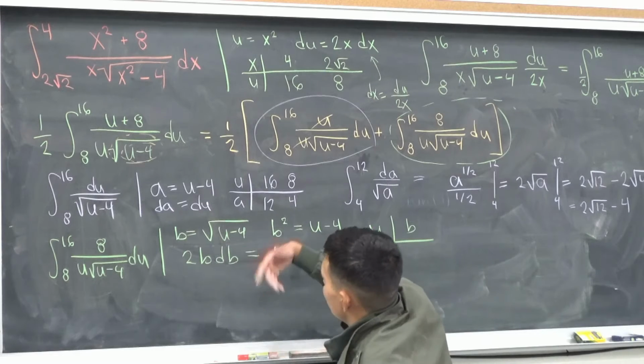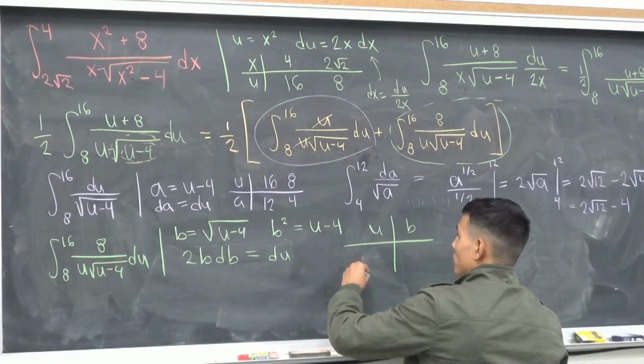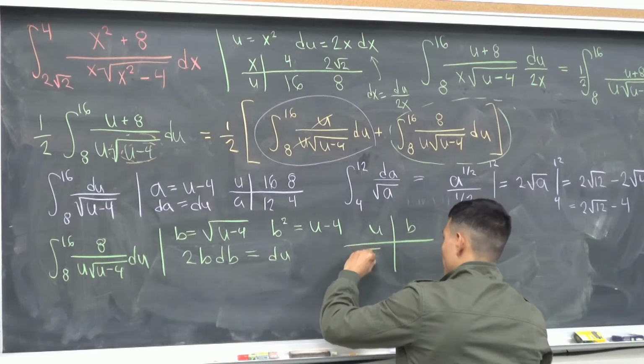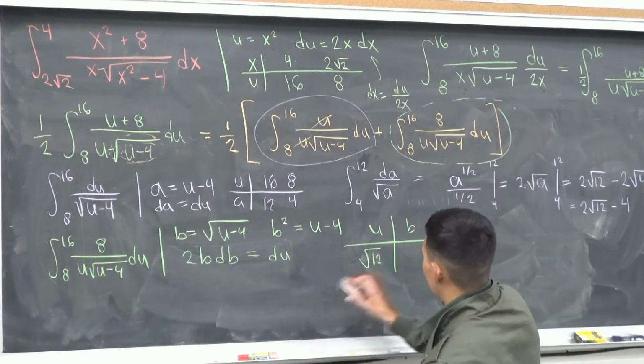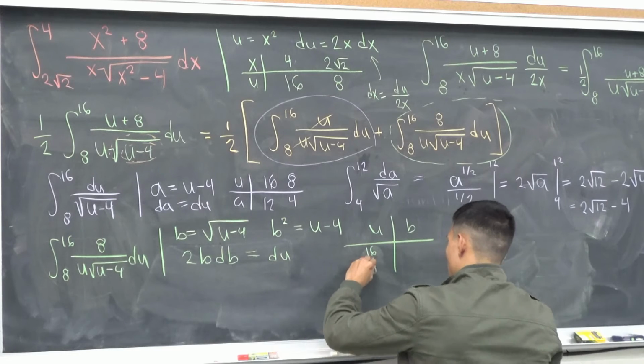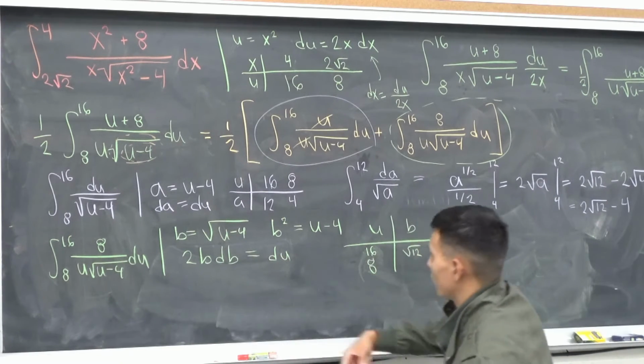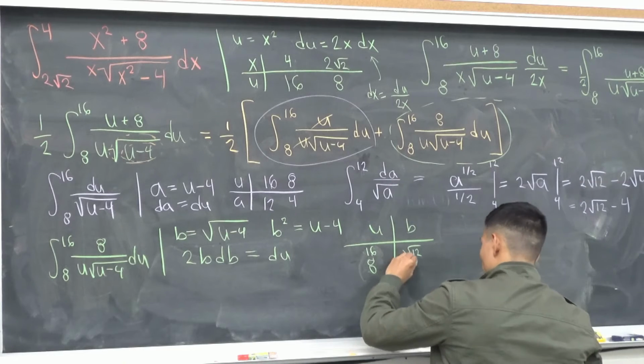Putting 16 into here, 16 minus 4, what is that? Well, 16 minus 4 is 12, square root 12, okay. Putting 8 into here, 8 minus 4 is 4, square root 4 is 2.